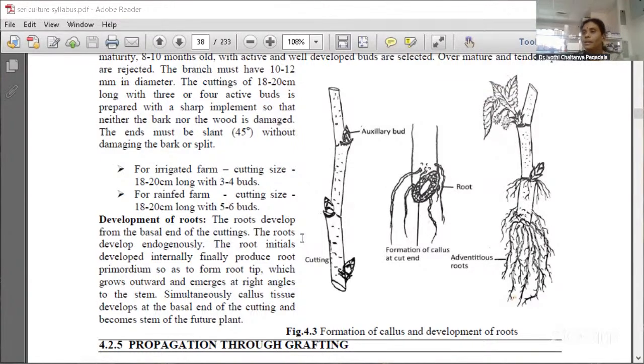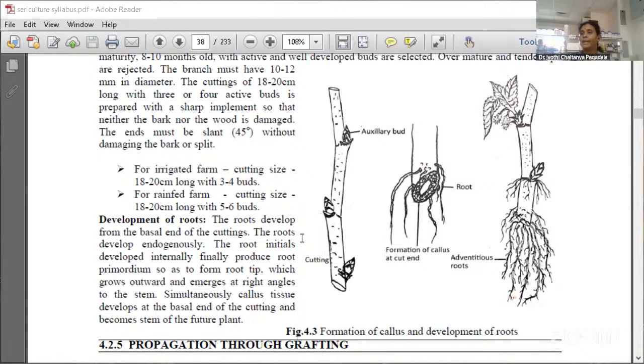Shoots of proper maturity, 8 to 10 months old with active and well developed buds, are selected. Over mature shoots and tender tips are rejected. The branch must be 10 to 12 millimeters in diameter.